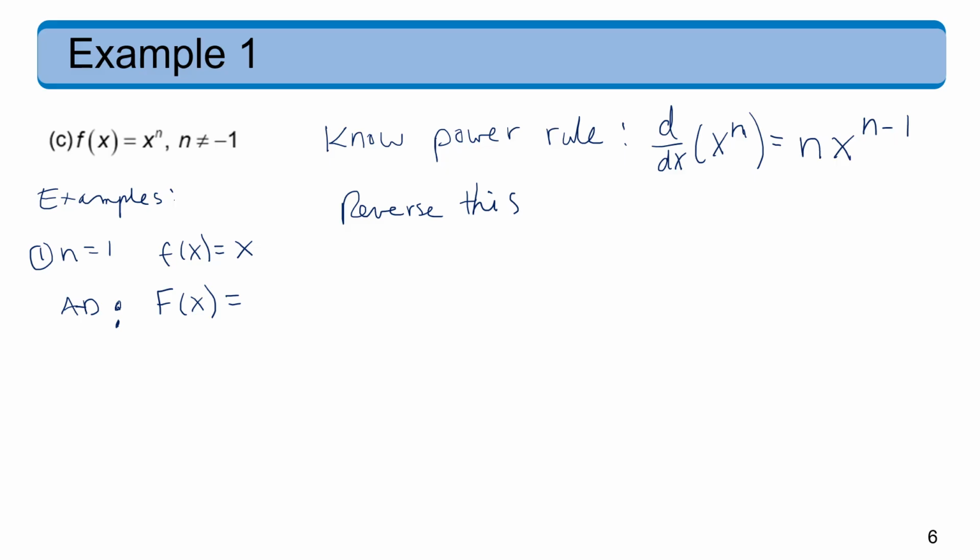There's no way it could be like a trig function or exponential. It's going to be some kind of x to some power type of function. So when you take the derivative of a power function, it reduces the power by 1. So we want to put a function here so that when we reduce its power by 1, we get x to the first power. So that suggests we need 1 power higher. We need x squared.